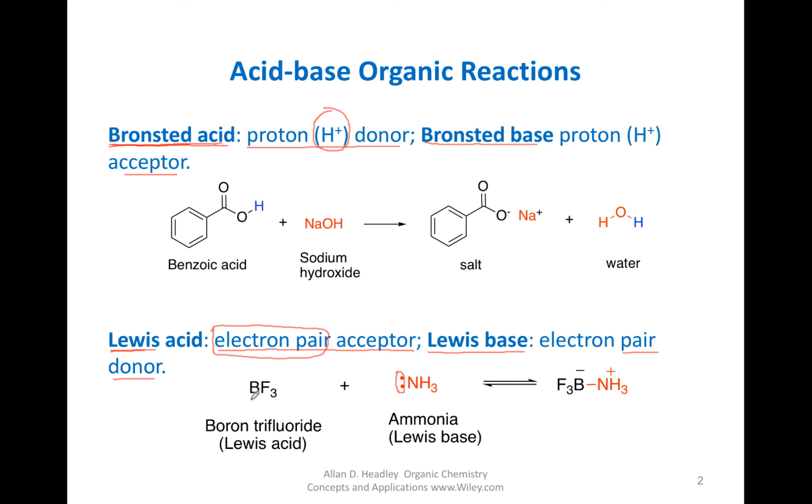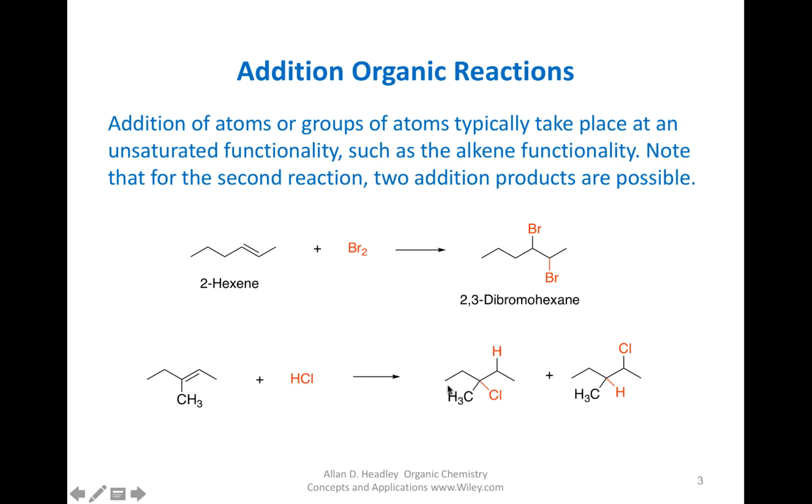Notice vacant. So it can accept a pair of electrons. So BF3 is a Lewis acid because it has a vacant orbital. And so here we have an acid-base reaction where this is a Lewis acid and a Lewis base. So you should be able to recognize those when a reaction is given.